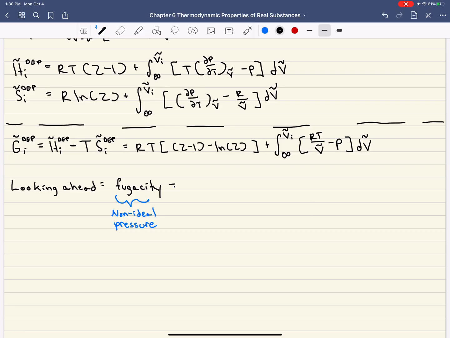Fugacity, abbreviated as F, is equal to the actual pressure of your system times the exponential of your Gibbs departure function over RT. Essentially, the form here is taking your actual pressure and multiplying it by a term that accounts for non-idealities. This is something we will discuss in the future.